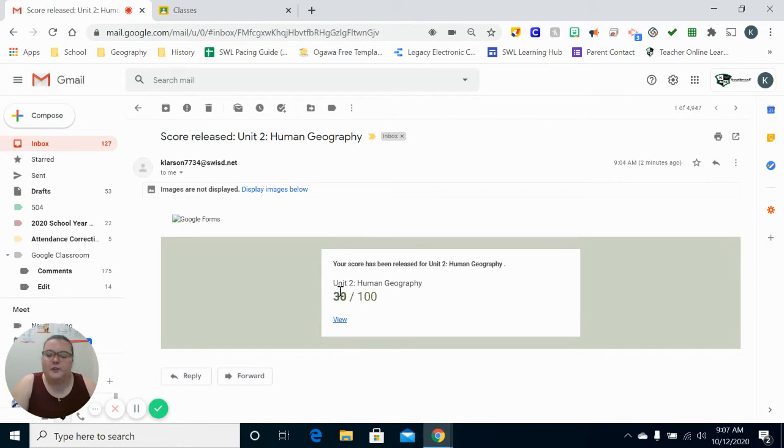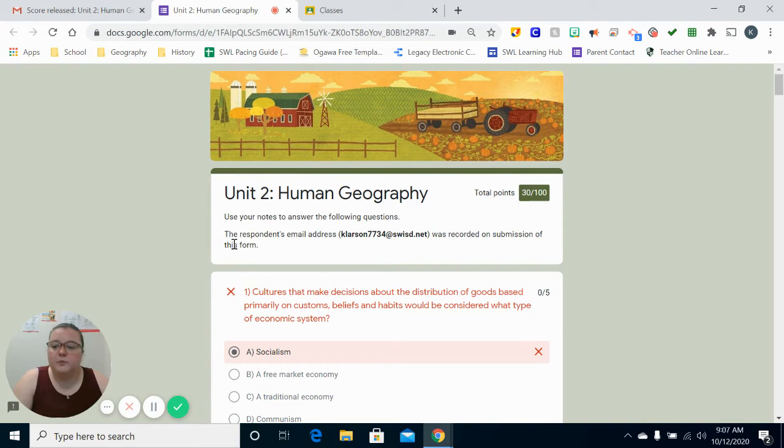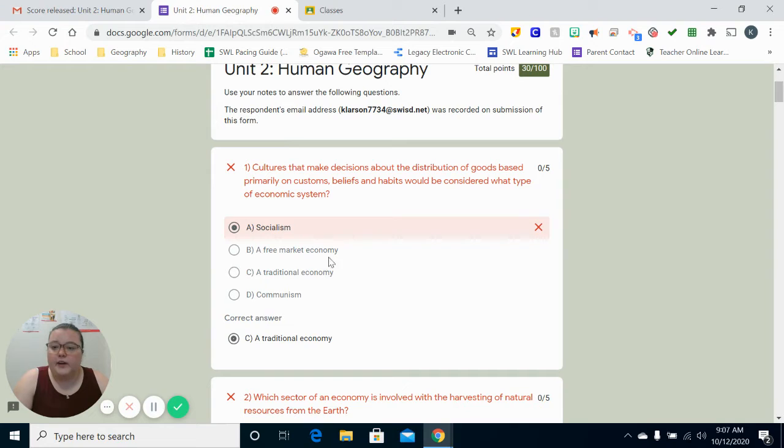Maybe you didn't do too good, maybe you did perfect and got a 100, maybe you were like me and didn't do very good. No matter what you got, you're going to see what your score is, and then you're going to hit view. When you hit view, it is going to tell you exactly what you got right and wrong. But remember, you either received full credit or no credit because it's multiple choice.